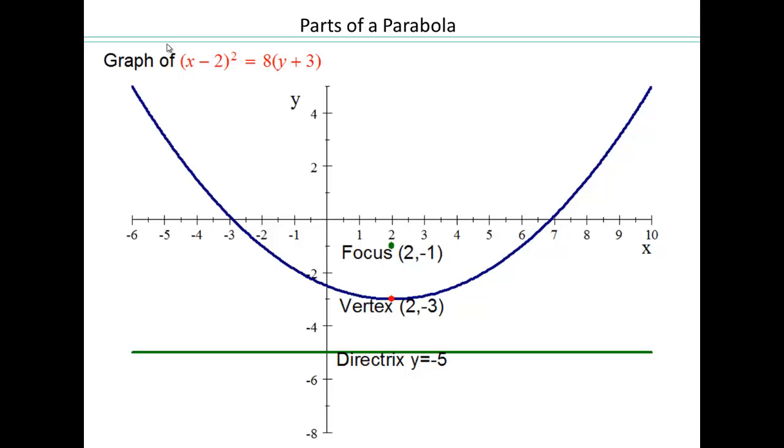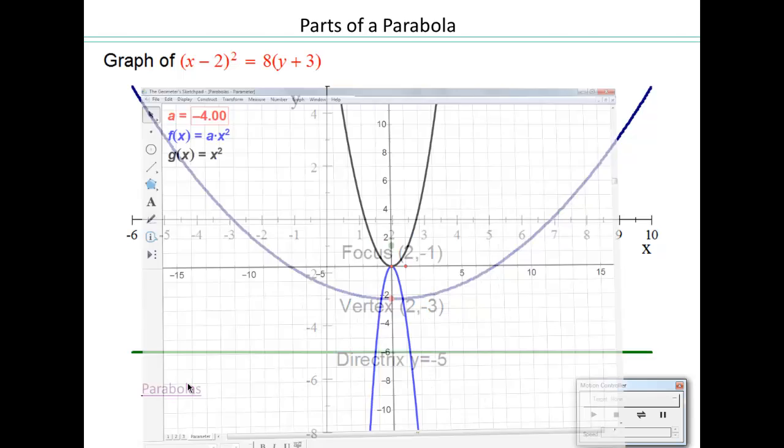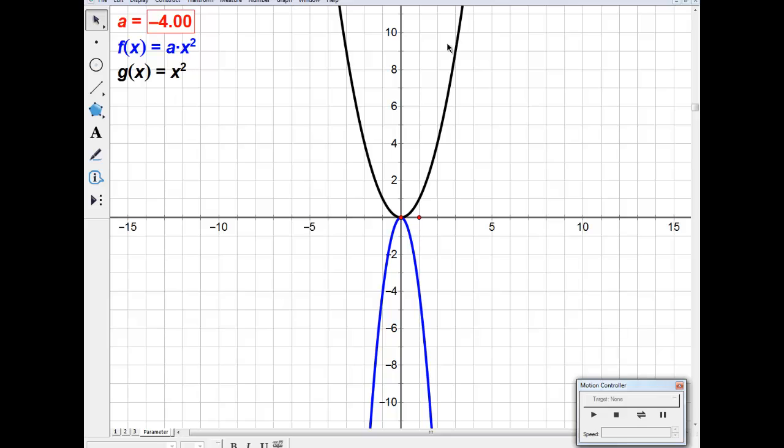Let's take a look at what happens to the coefficient of the x² term and how it affects the shape of the parabola. If you look at y = x², which is this black graph here, then the blue graph is the graph of y = -4x².